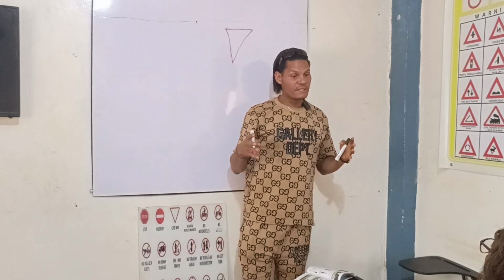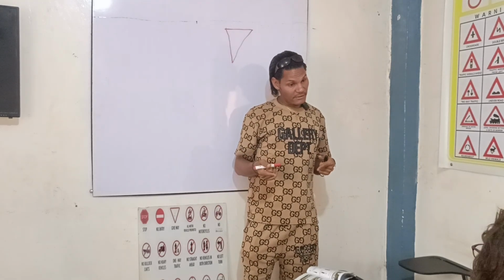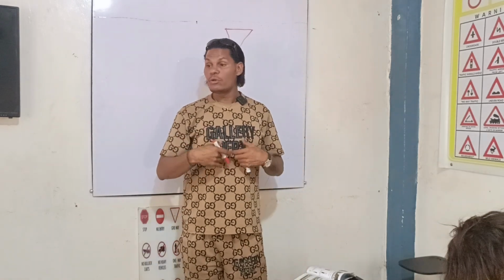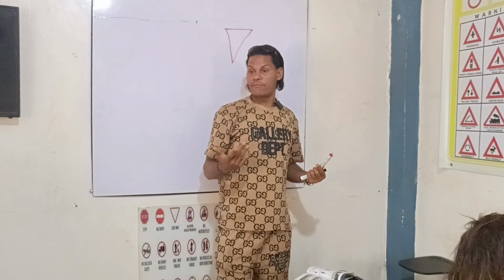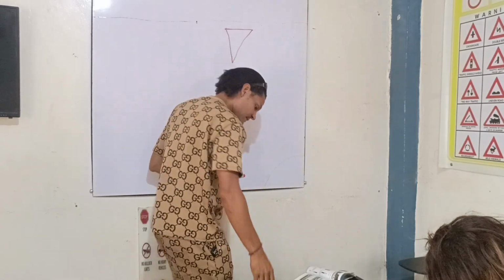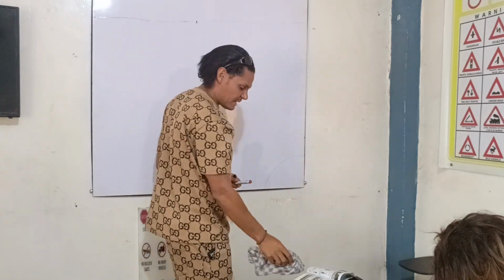Those are the most common signs you see at junctions. Either you see the stop sign or the give way sign. Those are priority signs. They give priority to a certain category of users. So understanding how to cross a junction is very important.